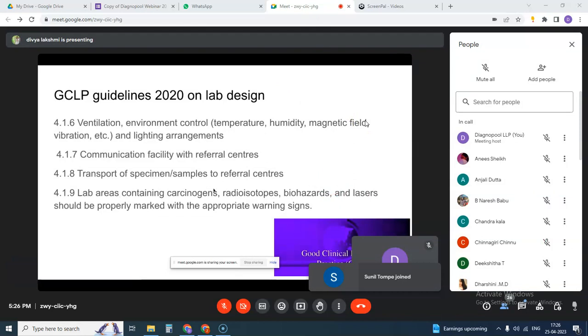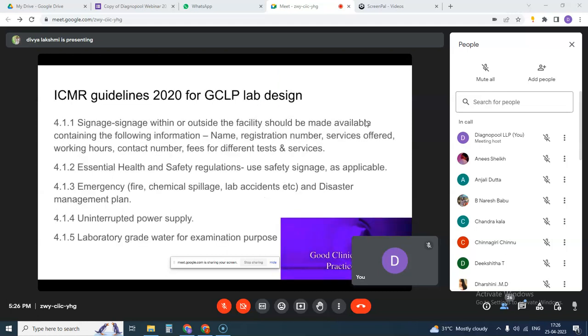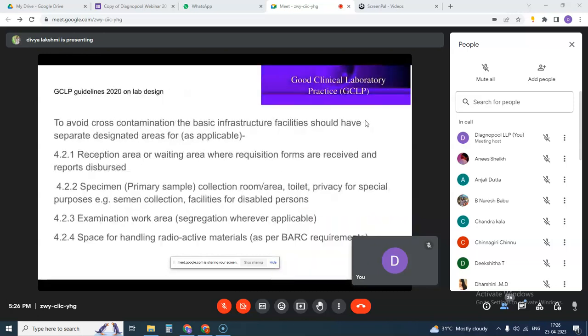If any carcinogens, radioisotopes, or biohazards are used, they should be properly marked with the appropriate warning signs. So these are the basic infrastructure facilities which should be there in the lab according to ICMR guidelines.